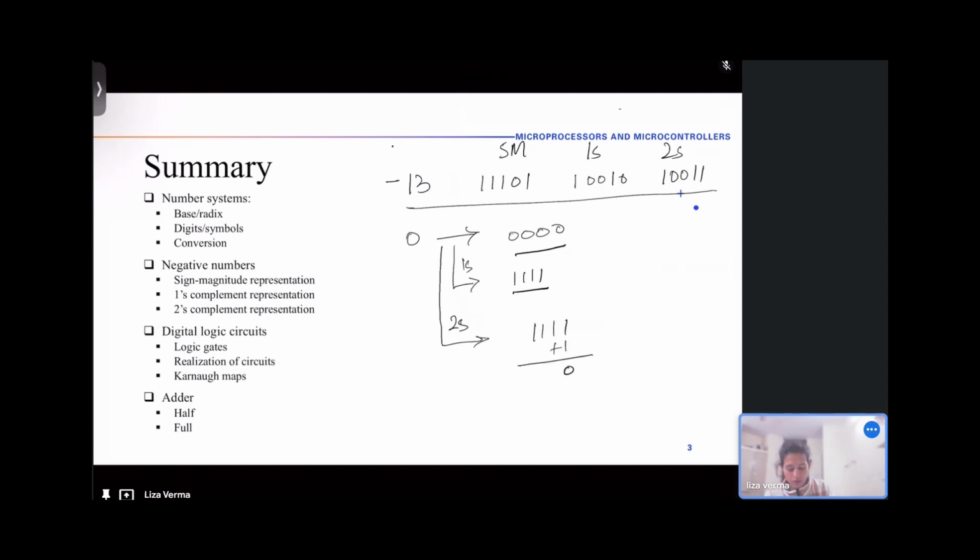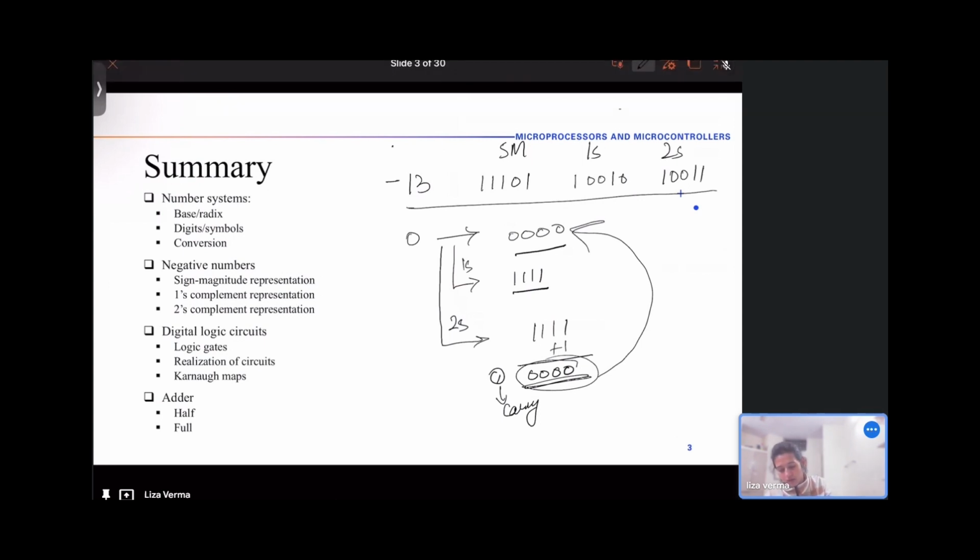This will give us 0000, and the 1 carry will be taken care of later, but the end result is actually equal to the 0 that we started with. So since 2's complement representation addresses this problem, all the microprocessors and microcontrollers use the 2's complement method to represent negative numbers, right?